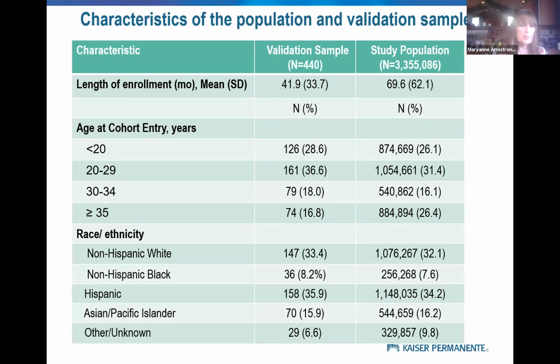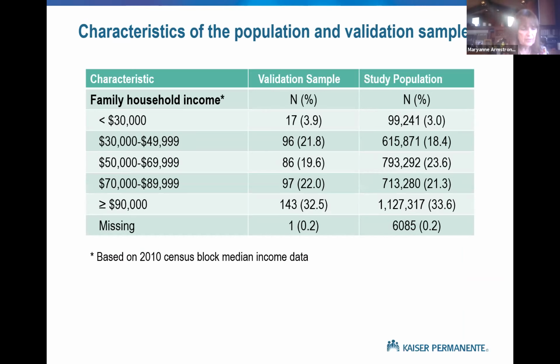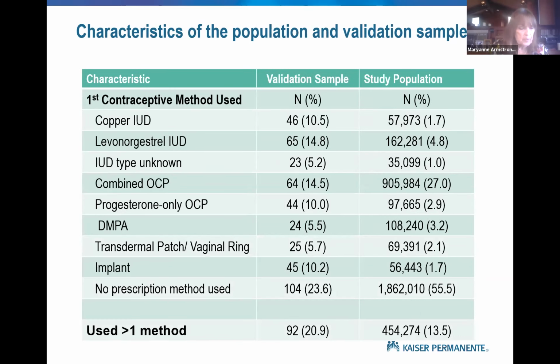But they had a similar race and ethnicity distribution, as well as similar median census block family household income distributions. And as one would expect, due to the stratified random sampling scheme by contraceptive method, the distribution of the validation cohort for contraceptive method is similar to the one for the population distribution.